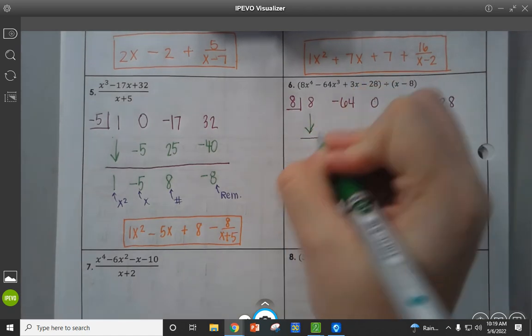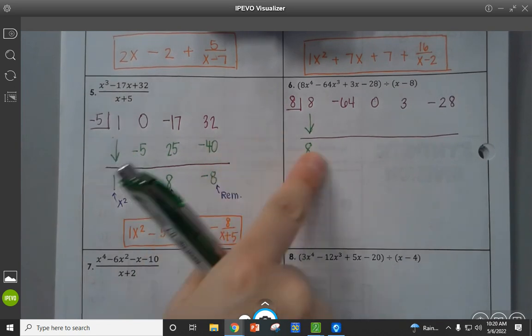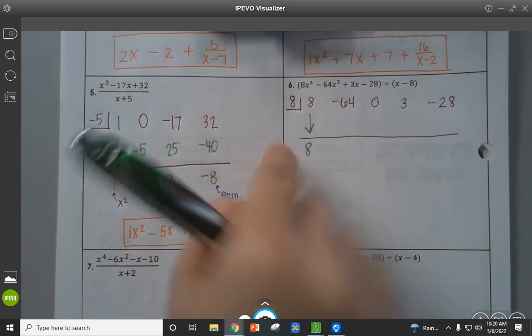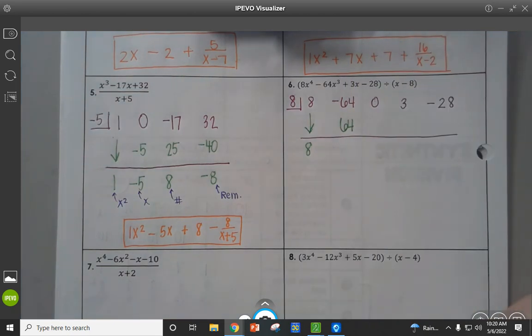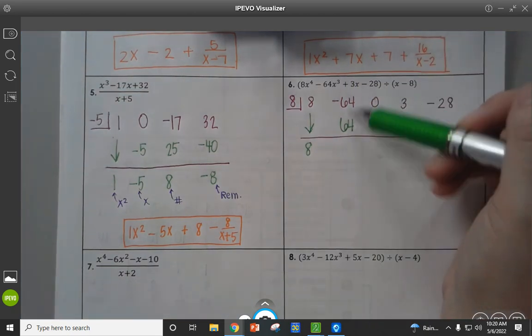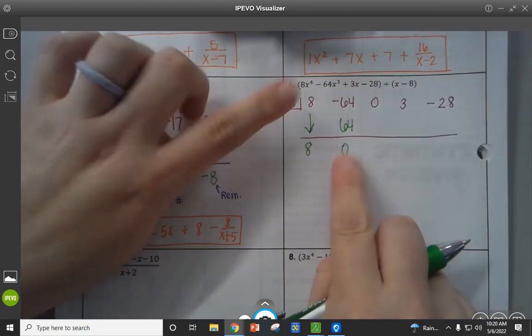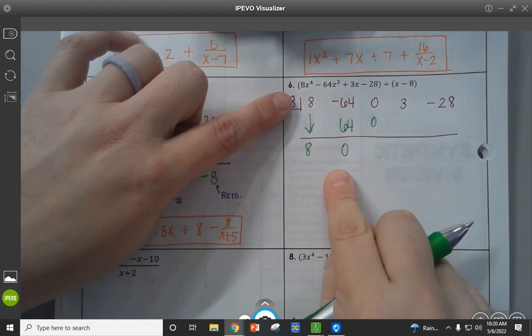So bring down the 8. And then I multiply. 8 times 8 is 64. What do I get when I add straight down? 0. What's 8 times 0? 0.